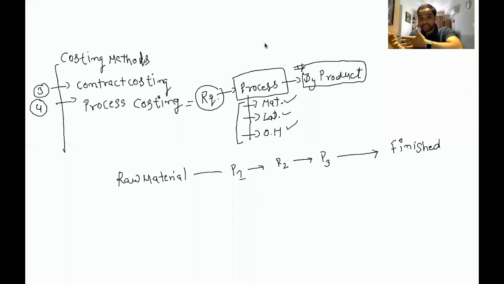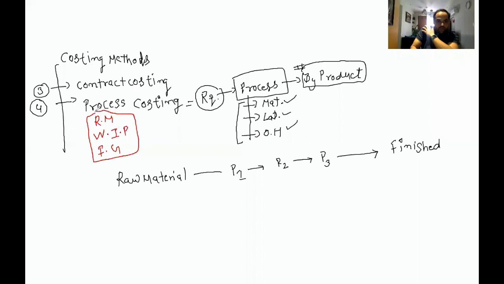And step 3 is the product is finished, meaning it is ready to use, and then packaging, labeling, distribution, transportation. So we buy raw material first, then work in process, and then finished goods. These are the steps involved to manufacture the product.